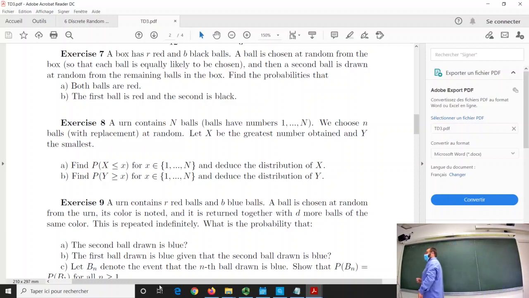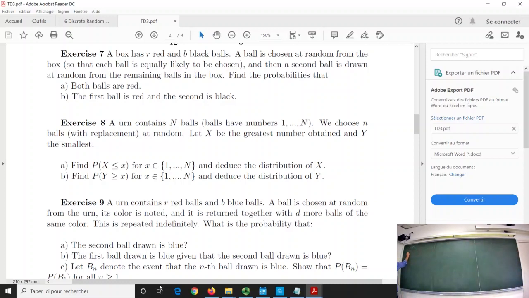So if I want to write things in a compact way, I can introduce notations here. Because I do small n drawings, and each time I will obtain a number between 1 and capital N. So we can define the following.